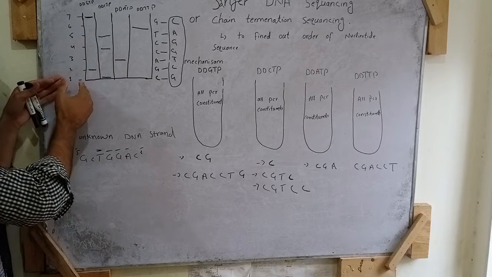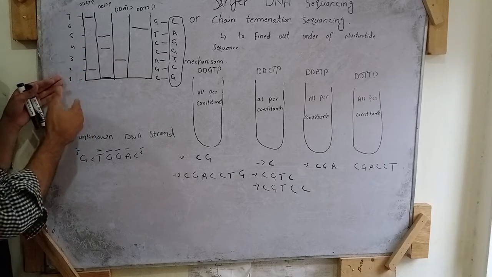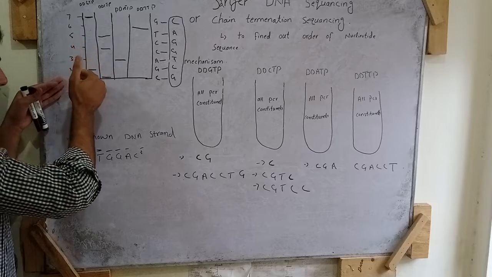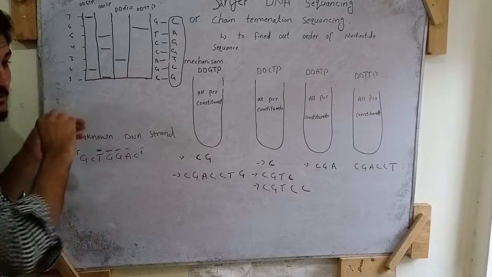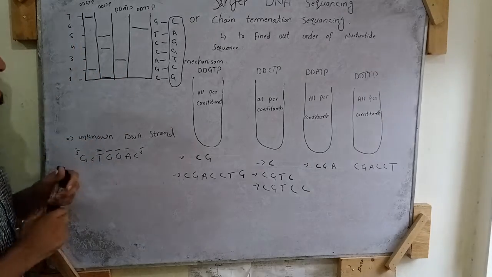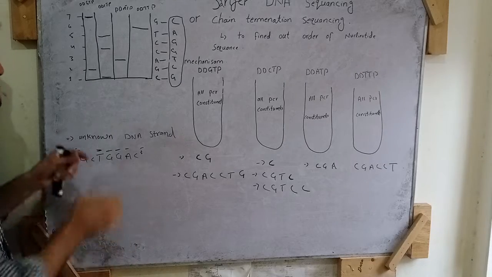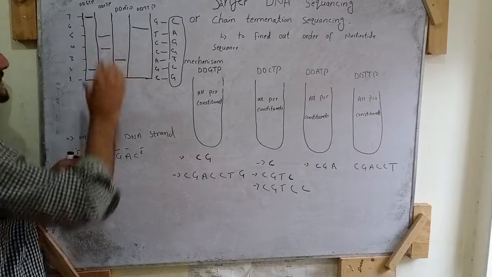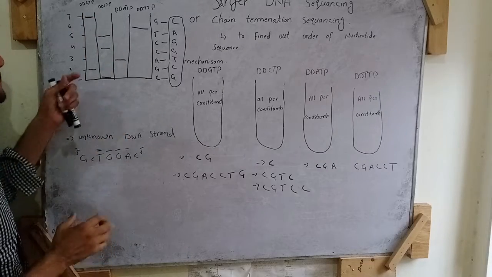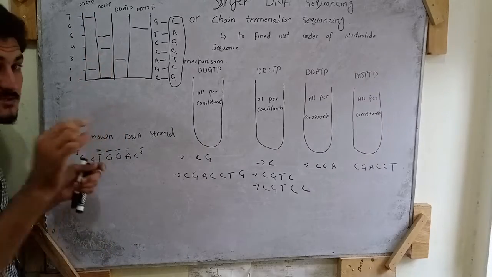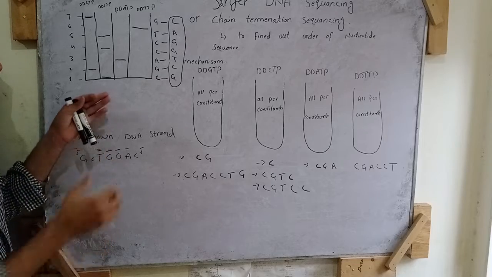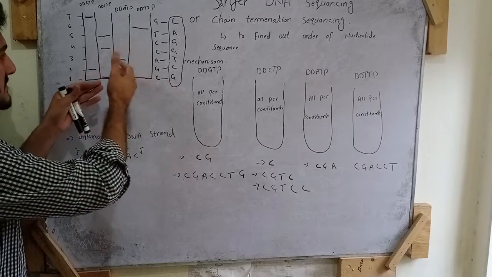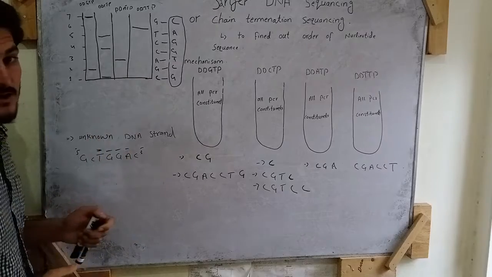We write the numbers here, and at its front we draw a line to represent the fragments. So two fragments occurred, and we draw them at specific positions. Also we write these in the gel tray.